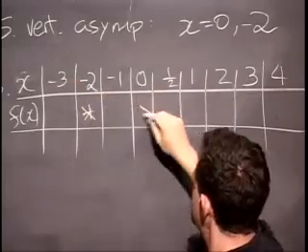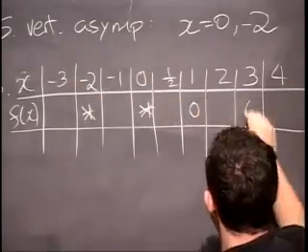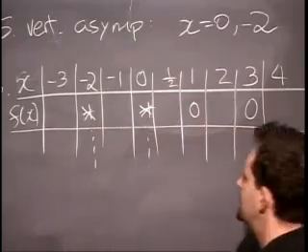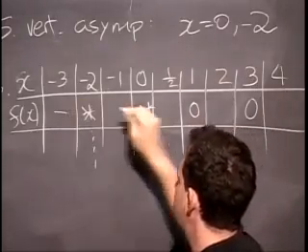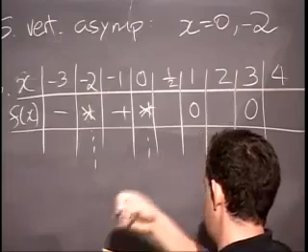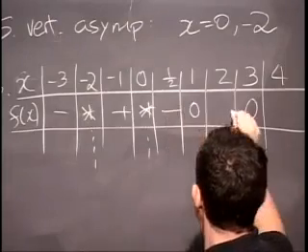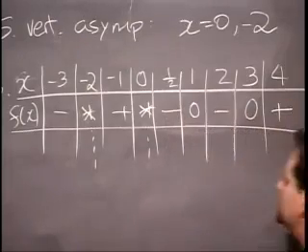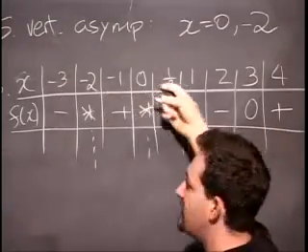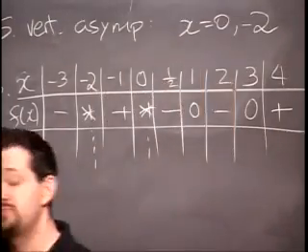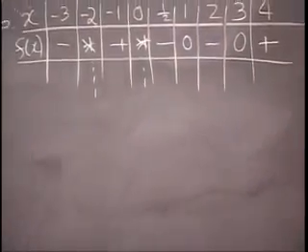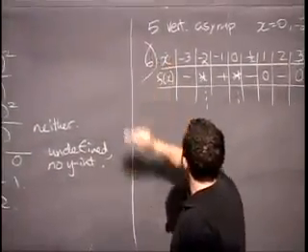Here f was undefined. There it was 0. So we have vertical asymptotes there and x-intercepts there. And then we found that it was negative, positive. I'm going to cheat and look at what it was because I can't actually remember. Negative, negative, and positive. Okay, so again, all I had to do there was to substitute these values into the original expression for f. This is not 6x, this is step 6.